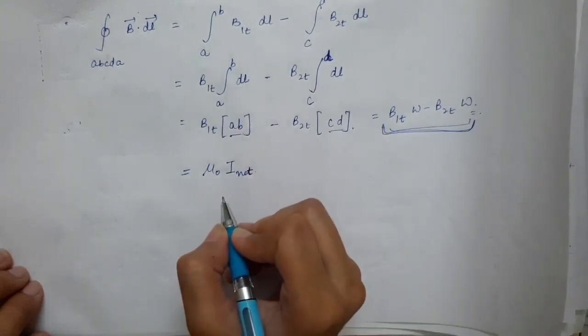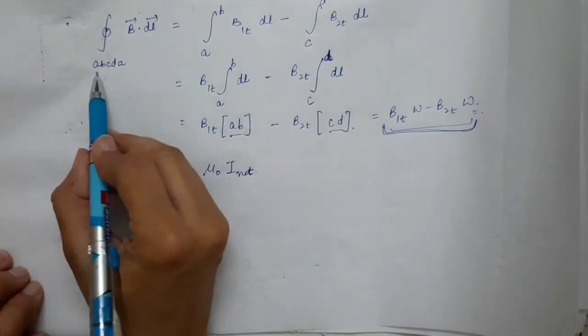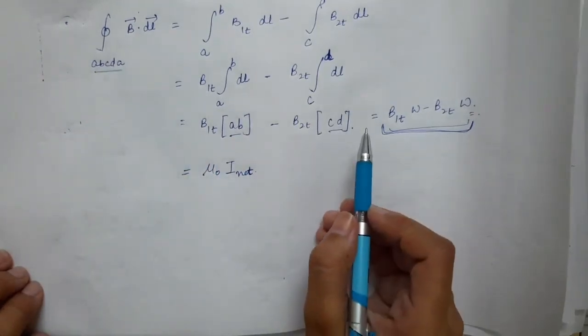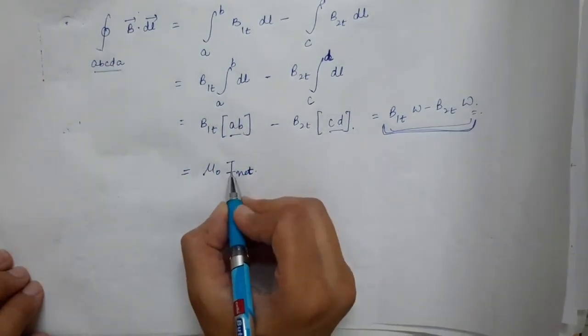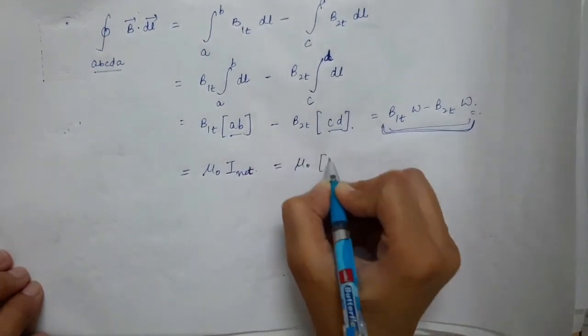In the starting of the derivation, we assumed that I net is the amount of current enclosed by this closed rectangular path. I net we have already solved. This is equal to K into W.